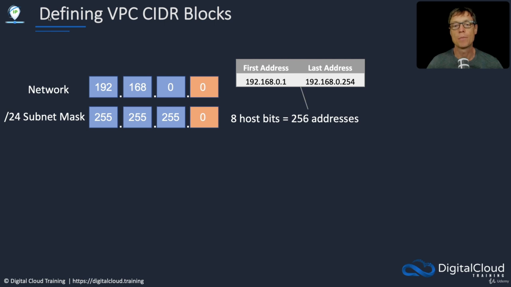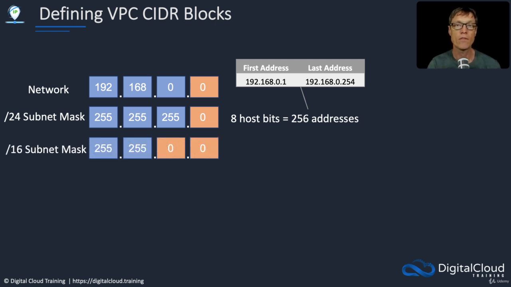AWS do reserve some, but the .0 address, so 192.168.0.0, is the network address. You can't ever use that for an IP address of a host. And the last address would be 255, and you can't use that because that's the broadcast address, an address used to broadcast to all IP addresses.